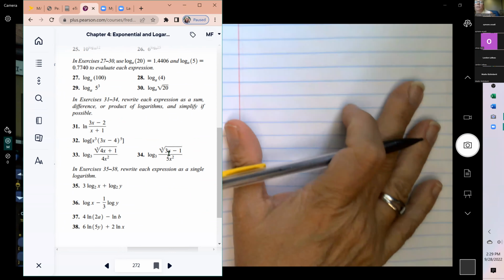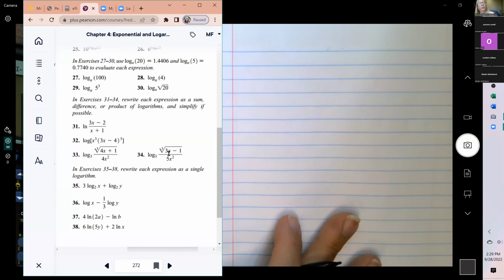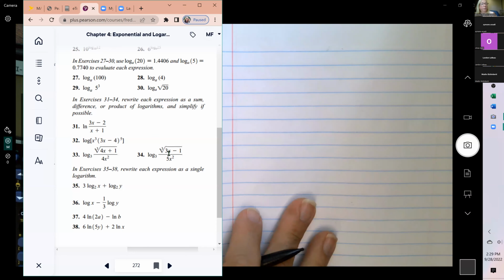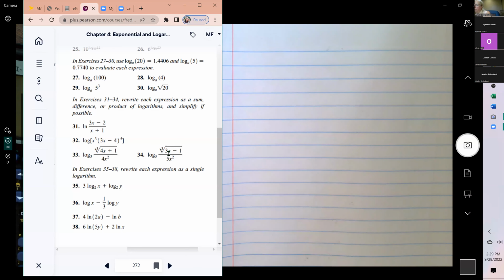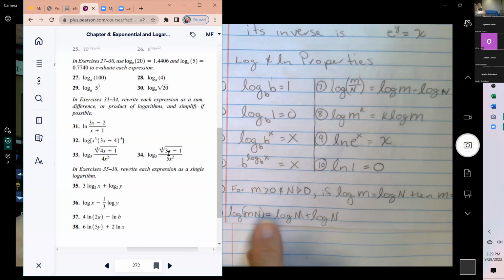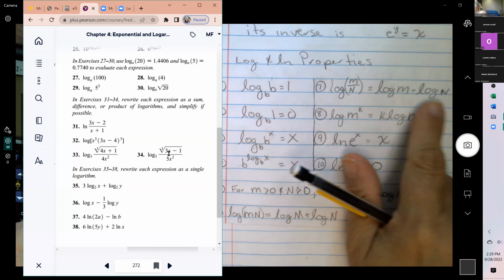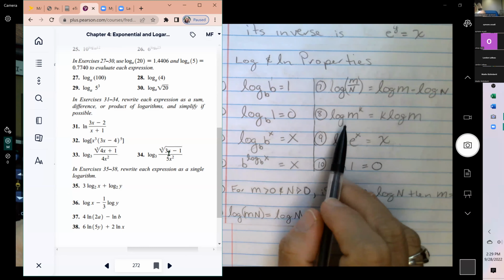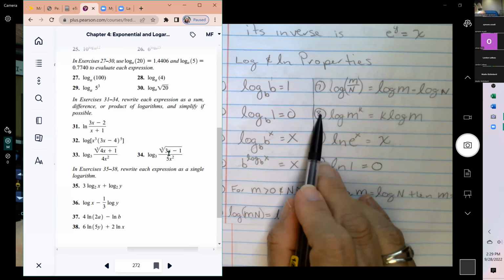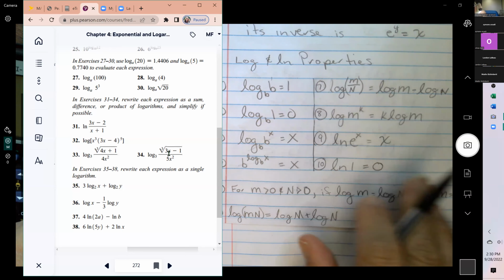The rewriting ones are usually, once you see it, not hard at all. But what we're doing is using those rules I gave you. If it's multiplication, it becomes an addition. If it's division, it becomes a subtraction. Exponents can be brought down in front. That's what most of these will use.